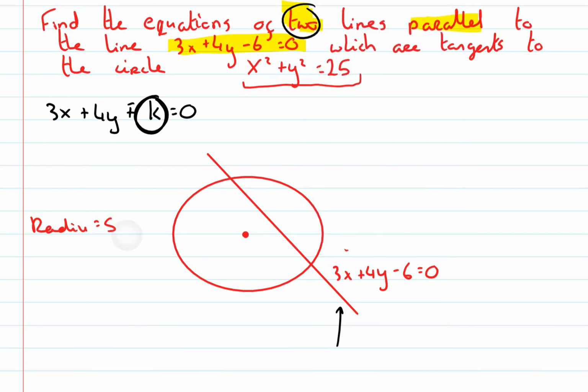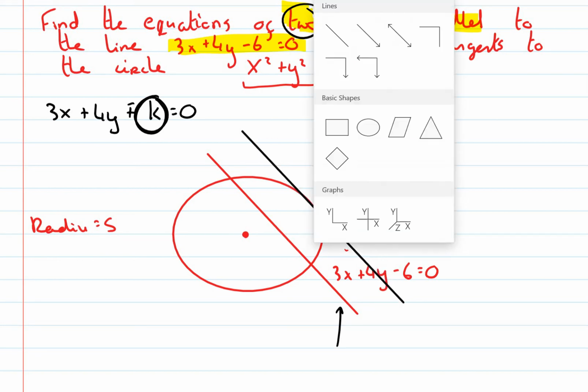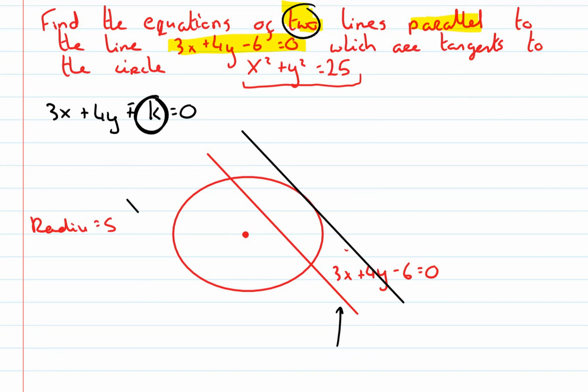Those two lines are here. So there's one, and here's the other. And we're asking, what are the equations of those two tangents?